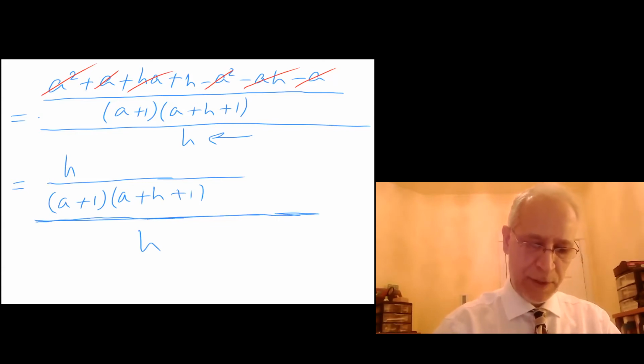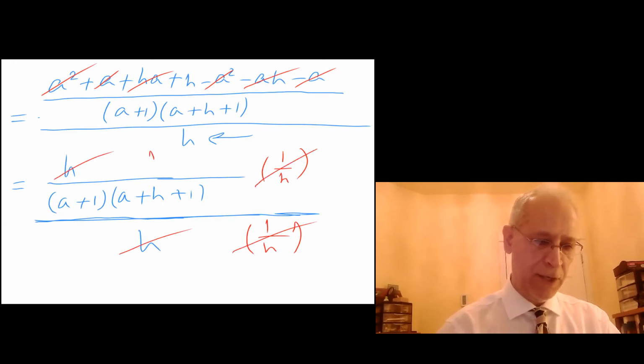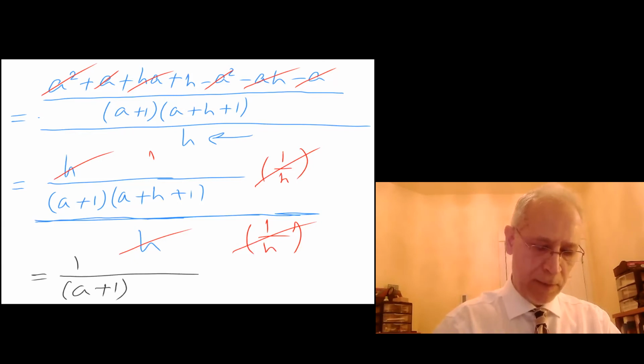I'm going to multiply top and bottom of this complex fraction by 1 over h and 1 over h. That way I can cancel this with this, and I can cancel this with this. So there's a 1 in here. So this equals 1 over a plus 1 times a plus h plus 1.